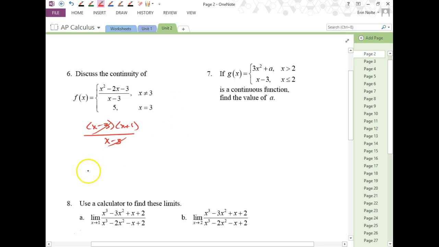So this means you have a hole, which is what value makes the x minus 3 0? 3, right? So you have a hole at 3. What type of discontinuity is that? Removable or non-removable? Removable.